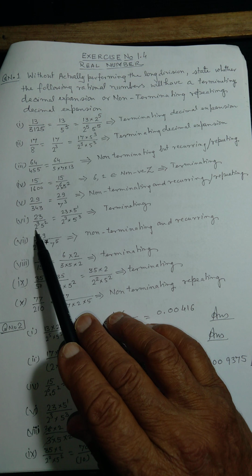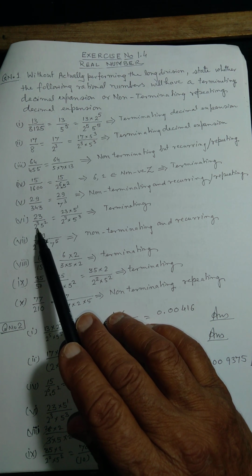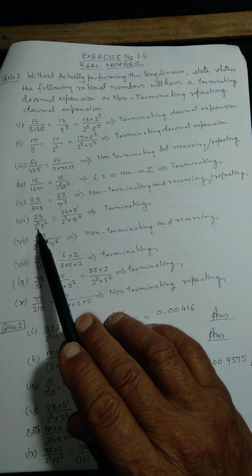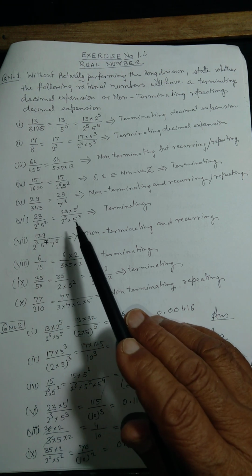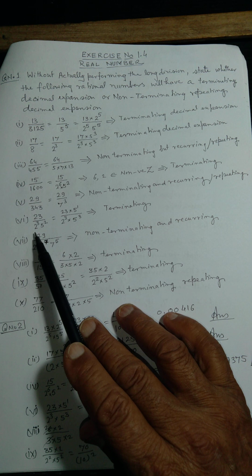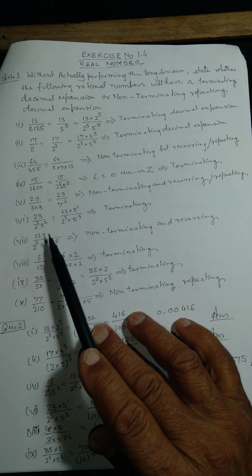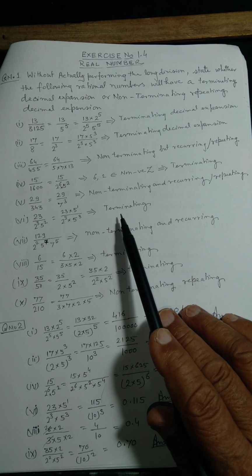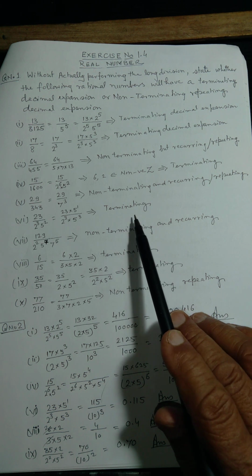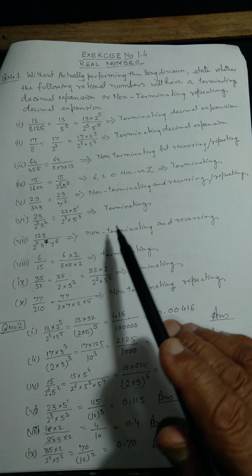So you see in the denominator part, q can be expressed in the prime factorization of 2 and 5. So straightaway, if you have only 2 or 5 or both, we can say that it is a terminating decimal expansion.